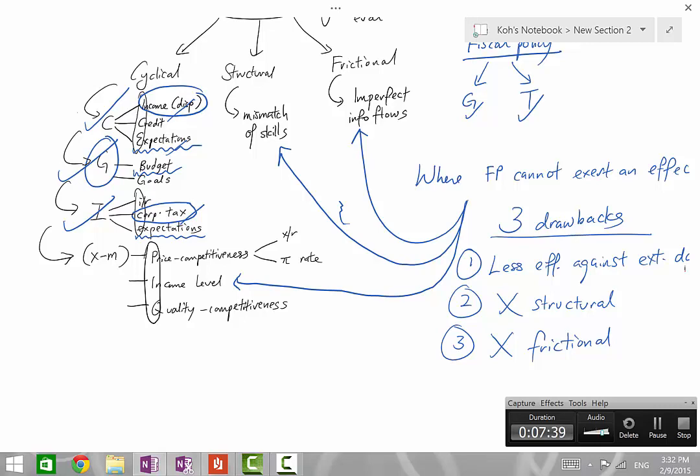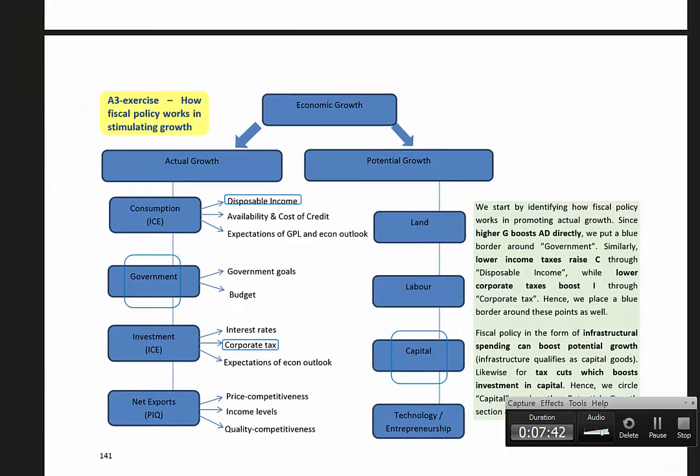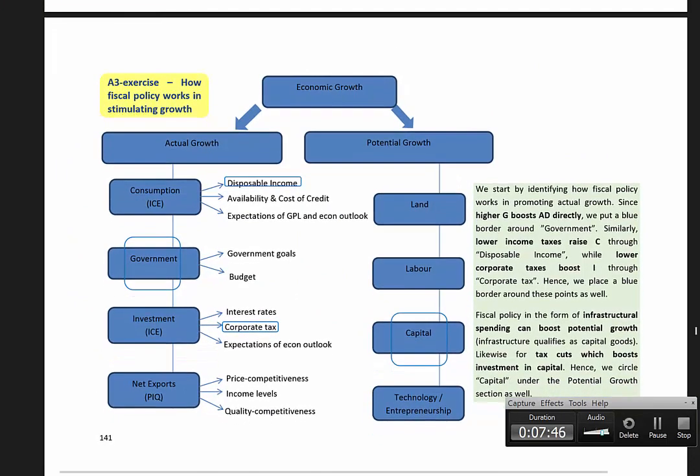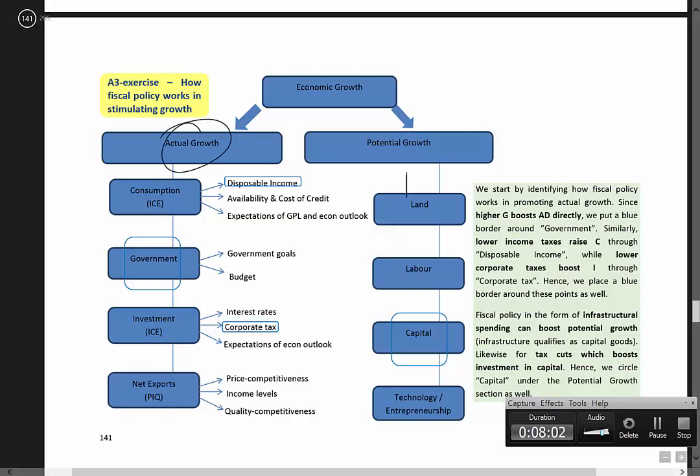Okay, so if you refer to my guidebook, you'll see the A3 exercise being worked out. So first, I will show you an example of how the A3 exercise works. And this is what we've seen, okay? Fiscal policy can affect growth. Now, the example we considered earlier was unemployment, but now we are looking at growth. It shouldn't be that much different because AD changes both actual growth and cyclical unemployment, okay?